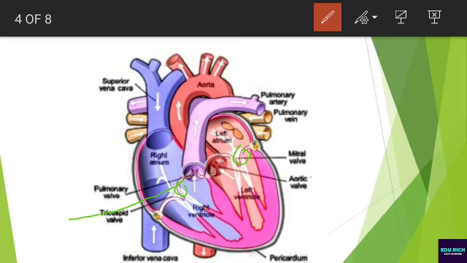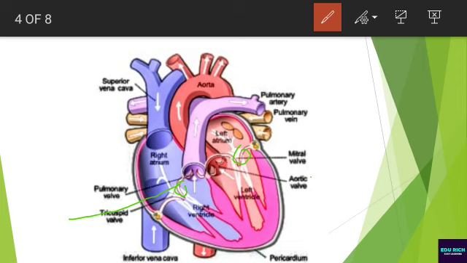On the left side, where the aorta arises in the left ventricle and takes the blood to all parts of the body, it is called the aortic valve. So we have a total of 4 valves in the heart: the aortic and pulmonic valves, and the tricuspid and bicuspid valves, which are openings between the atria and the ventricles.